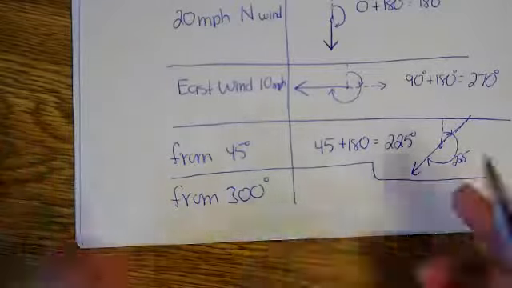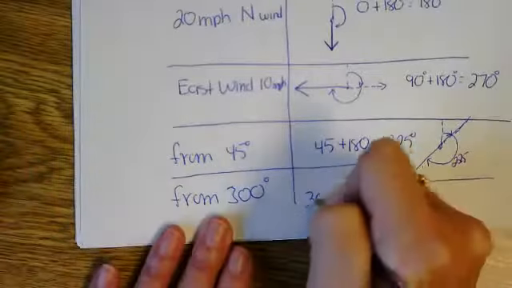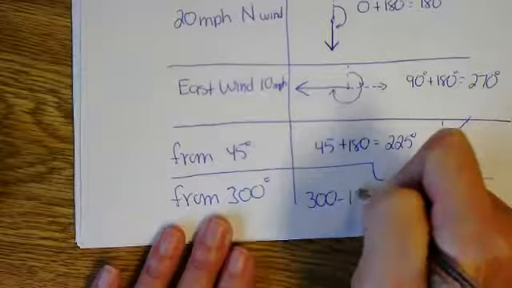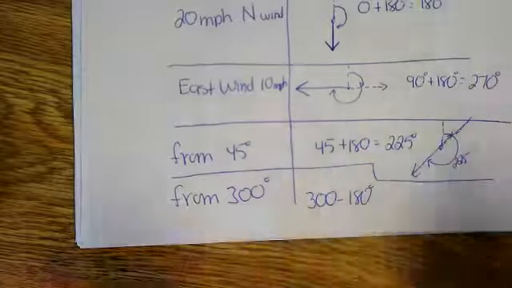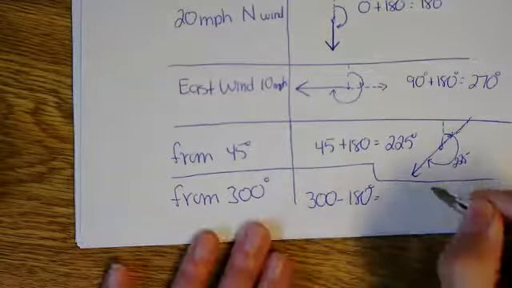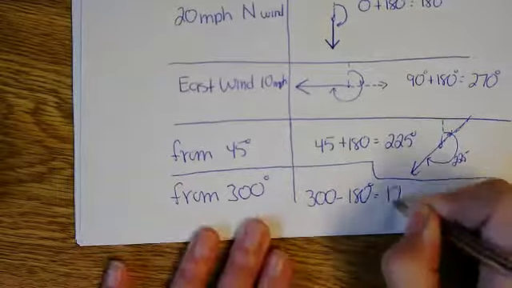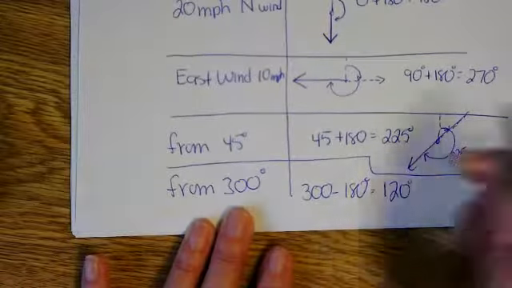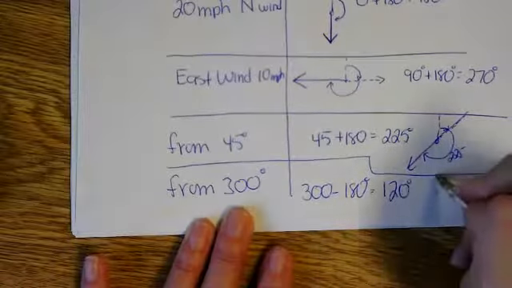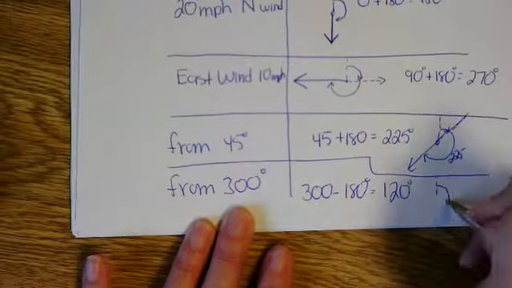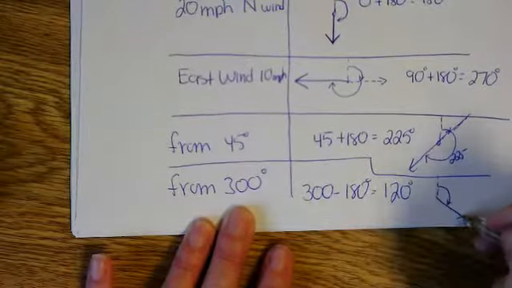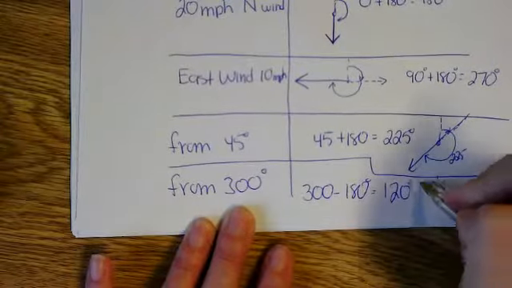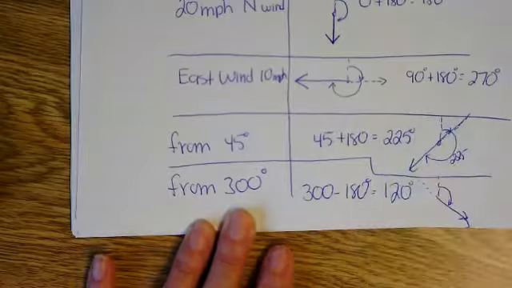So we're going to go 300, and in this case, subtract 180 to keep it within 360. And that would mean we would draw the vector at 120. So if I wanted to draw a wind vector from 300, I would draw it at 120, which means it was coming from that 300 direction.